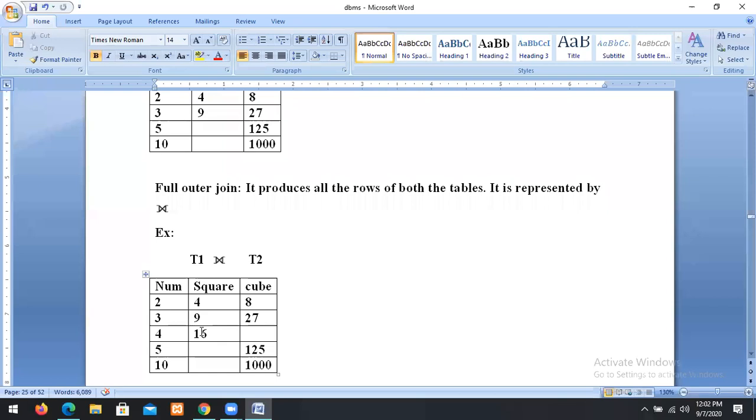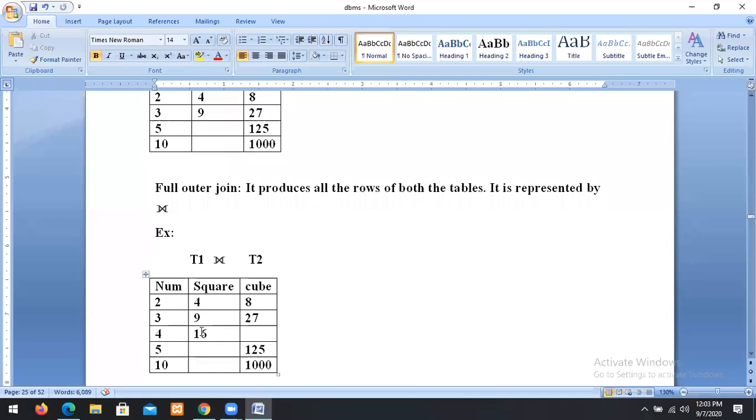In inner join, again there are 3 types: theta, equi, natural. Theta means when the condition contains greater than, less than, or equal, greater than or equal, then it is called as theta join. When the condition contains equal operator, then it is called as equi join. Natural join is without any condition.